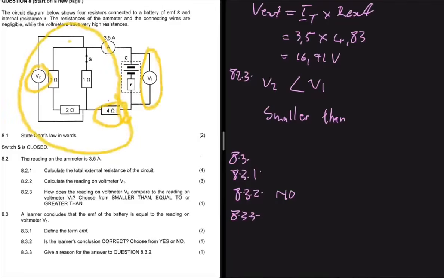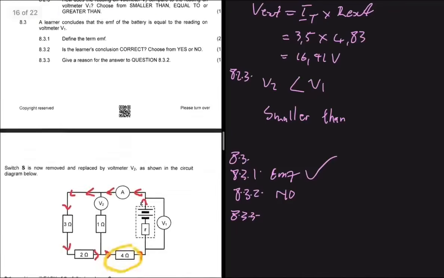But in this case, current is flowing to those resistors, so V1 is not reading EMF, but it is reading V external, right? That's why 8.3.1 asks you to define EMF. If you know the definition of EMF, then you're going to be able to answer 8.3.2 and 8.3.3, because they're just depending on whether you know the definition of EMF or not, right?